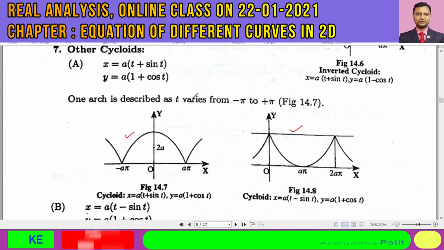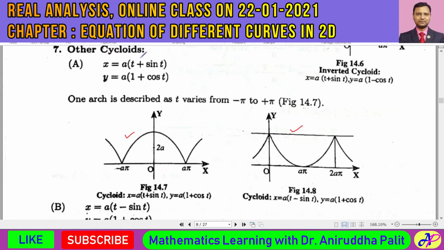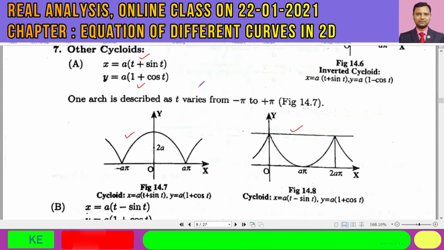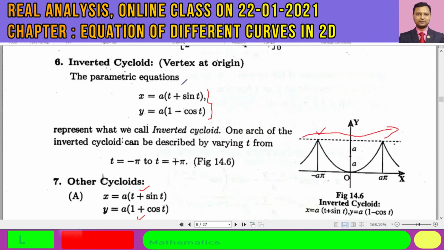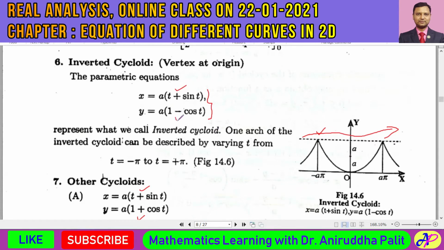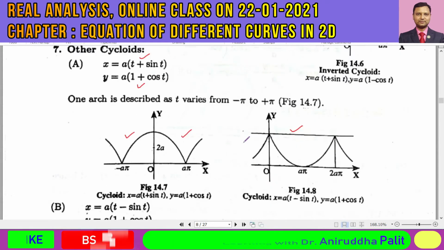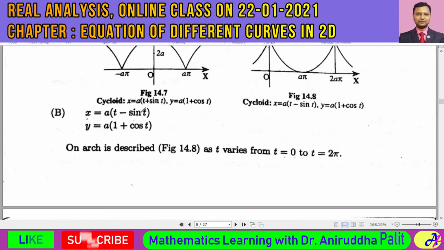You just need to remember that whenever both of these two symbols are positive, or both of these are negative, in such a case you would get an ordinary cycloid. And if one is positive and another is negative, look at this, you can also consider this kind of equation over here.